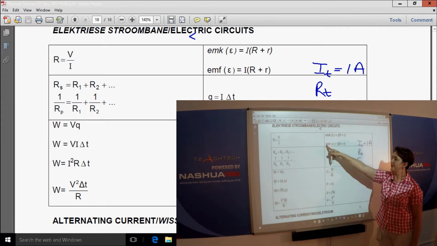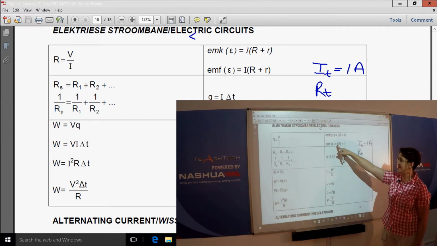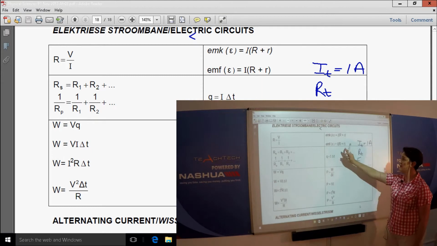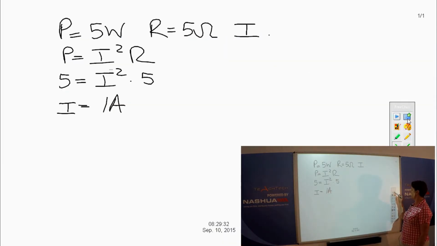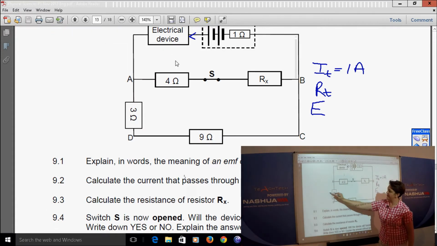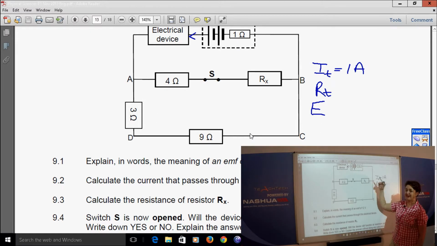Because we've got the 12 volts, we've got I, we've got the internal resistance. Meaning if I'm going to use this formula, I'm going to get a value for resistance that will include all of these resistors together.